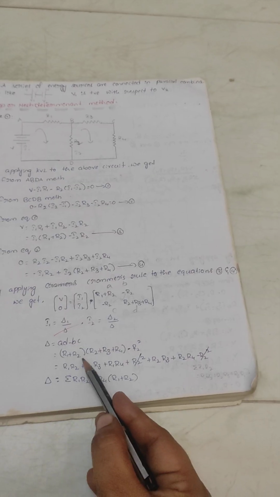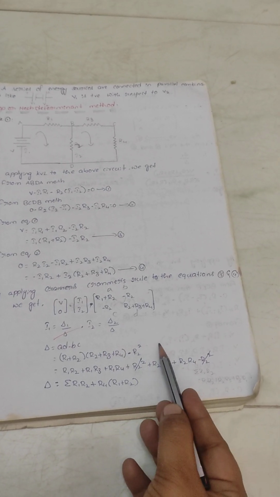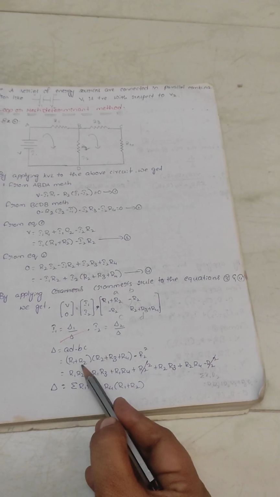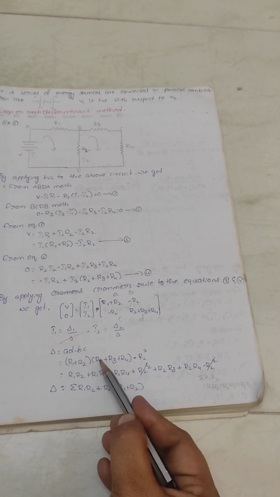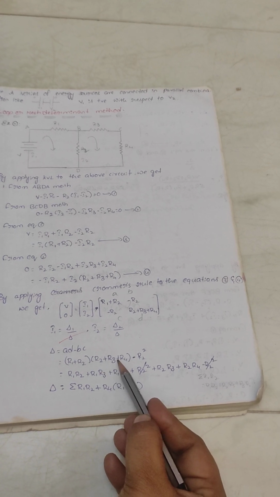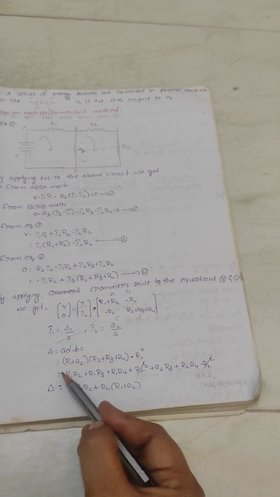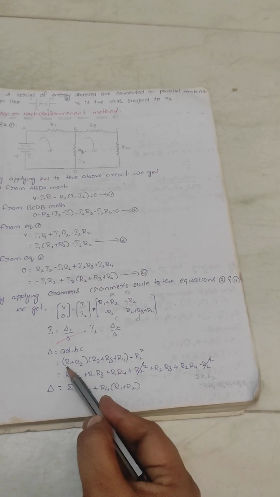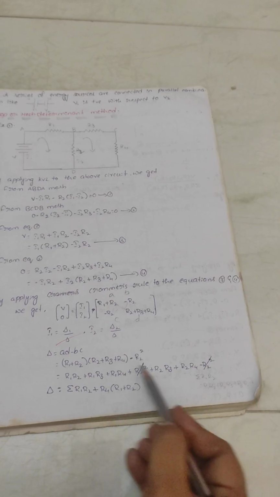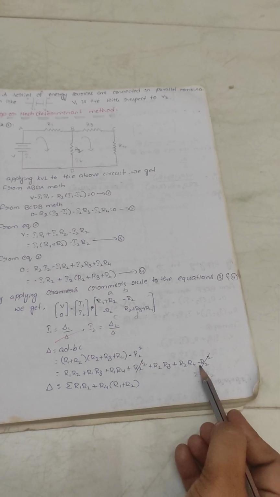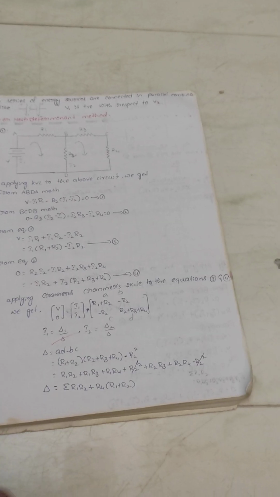So delta is (R1 plus R2)(R2 plus R3 plus R4) minus R2 square. R1 and R2 are each multiplied by this term: R1 R2 plus R1 R3 plus R1 R4 plus R2 square plus R2 R3 plus R2 R4 minus R2 square. Here R2 square gets cancelled.